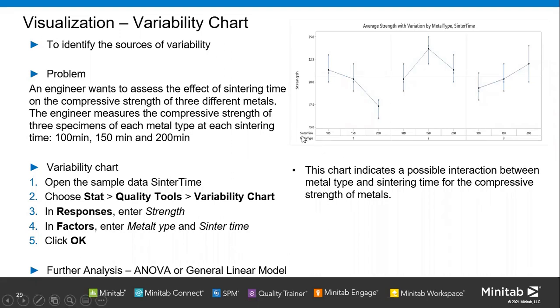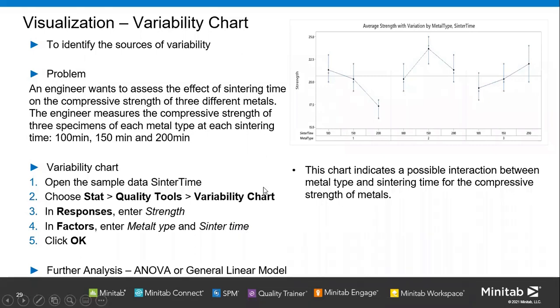We have 3 different metals: metal 1, 2, and 3, and the sintering time also has different levels: 100, 150, and 200. They want to combine these two factors with multiple levels, so they try the variability chart.